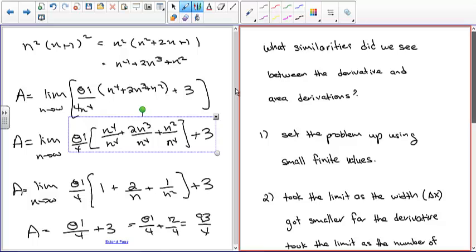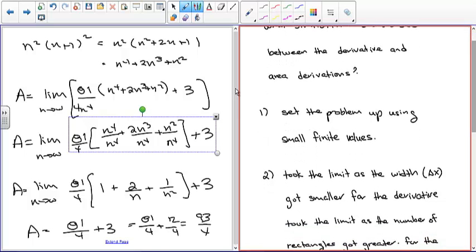What similarities did we see between the derivative and the area derivations? We set up the problem using small finite values. In the calculation of the derivative, the small value was the difference in the y value and the difference in the x value.